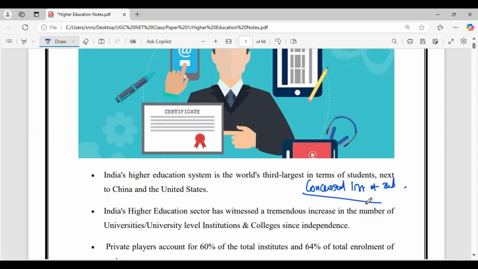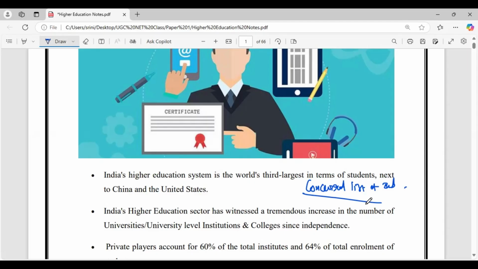If a university is established by the state, the state government funds its infrastructure, salary, scholarships, and everything. And there are central universities established by the central government.